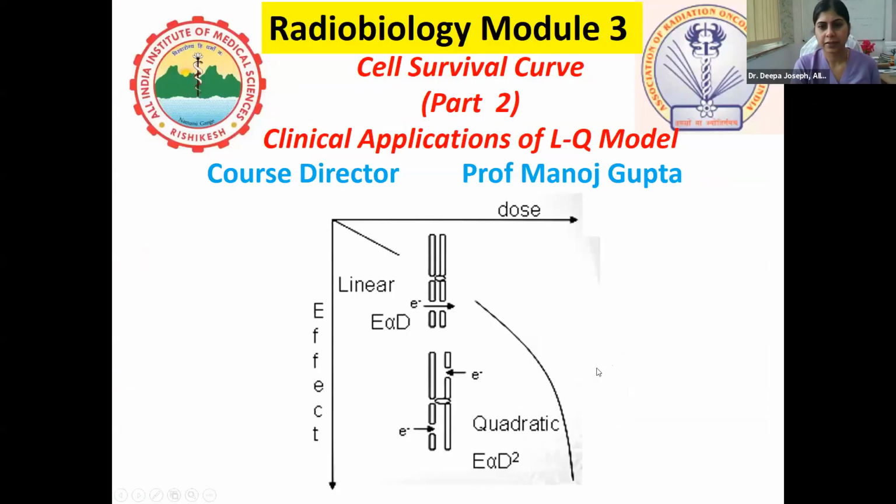Can I interrupt you once, sir? There is a question: what is the relation between the curviness and repair capacity? The relation between the repair capacity and the curviness of the cell survival curve.